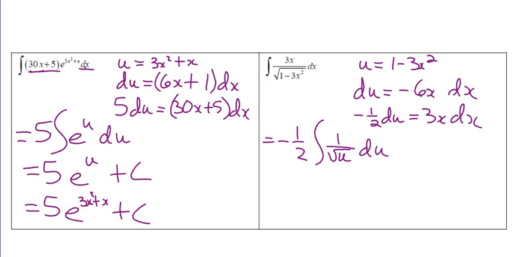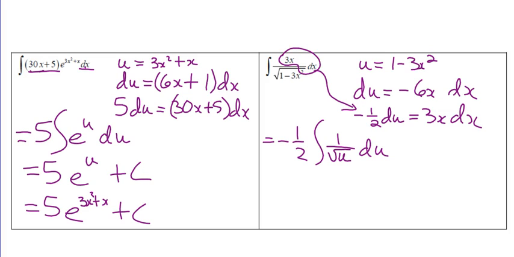The negative 1/2 du gives us the 3x dx. So this bit here is being replaced by negative 1/2 du, right? So we put the negative half out front. The thing we're taking the root of is just the expression we put in for u.